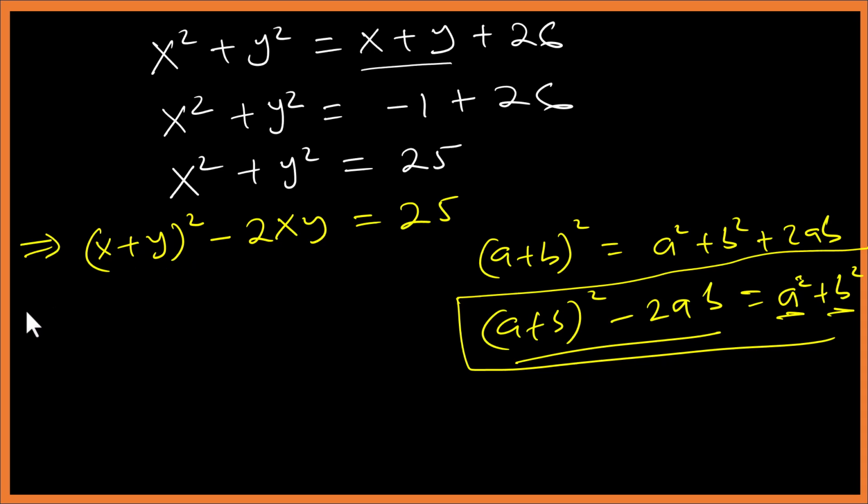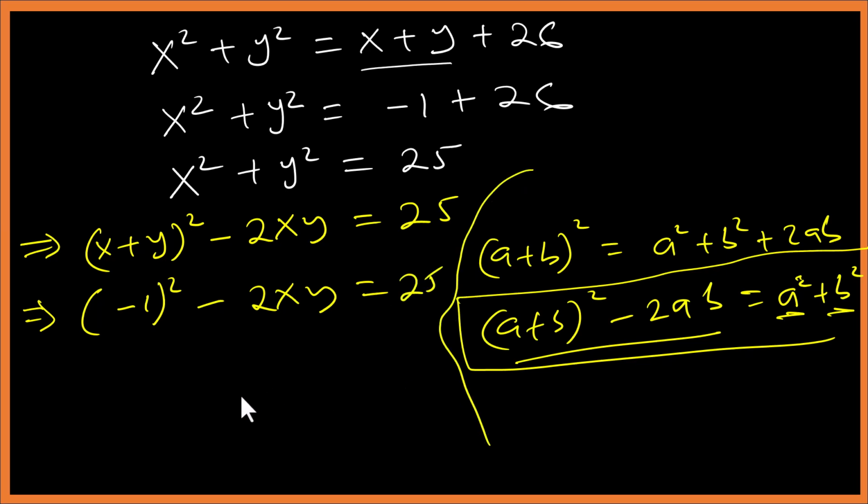So let's do the substitution. x plus y is -1, so all squared minus 2xy equals 25. So this side is 1 minus 2xy equals 25. Let's subtract 1 from both sides.